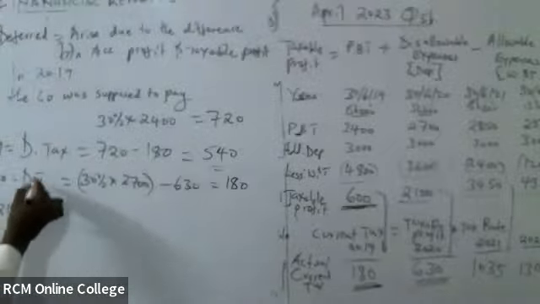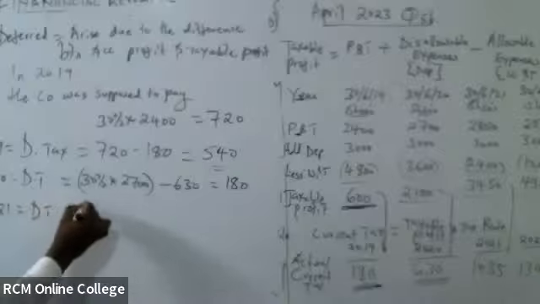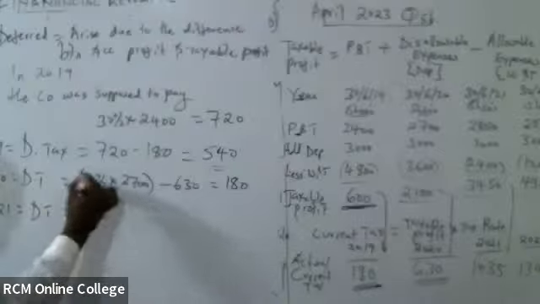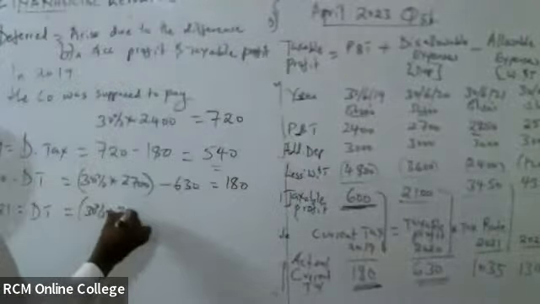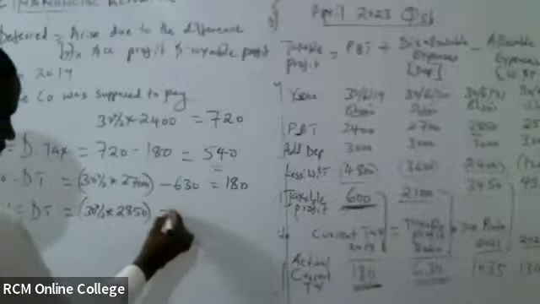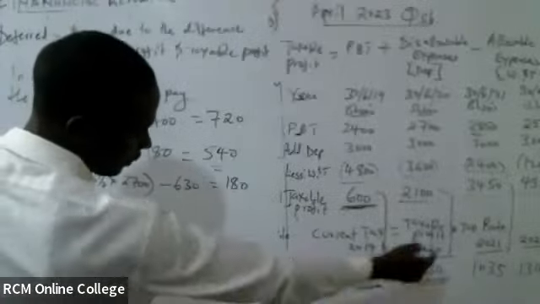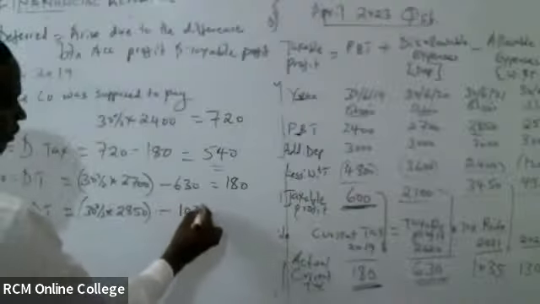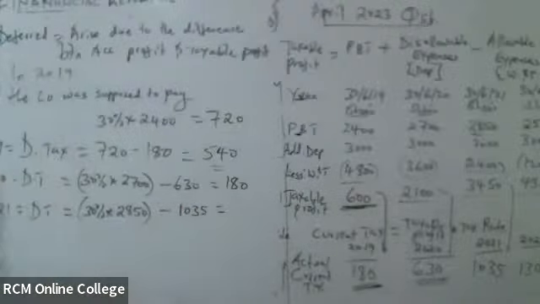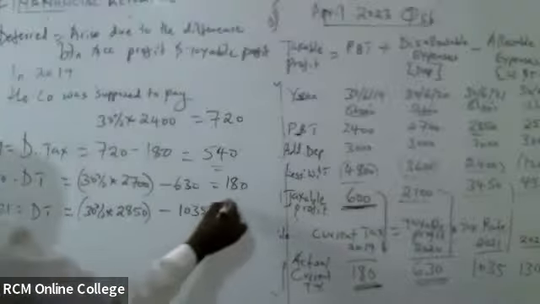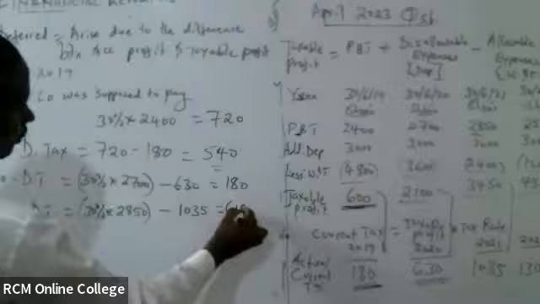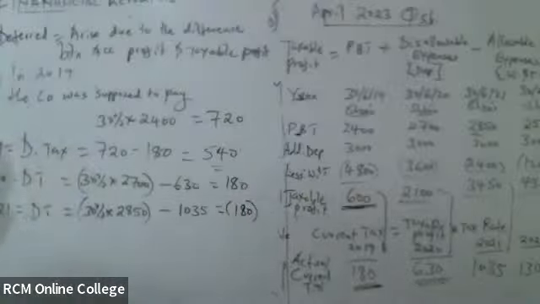2021 deferred tax will be 30% of the accounting profit, 2850 accounting profit minus the actual tax paid, 1035. How much will it be in that year? 180. Here we are also given 180, which is a negative like that.